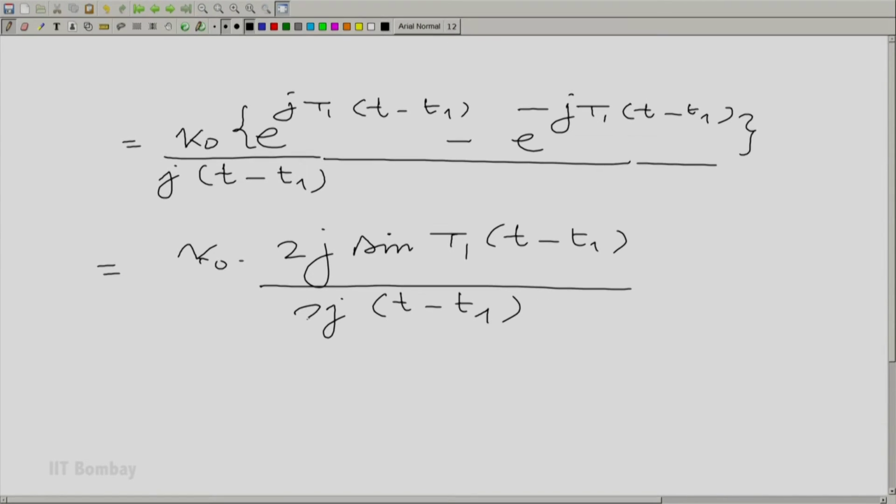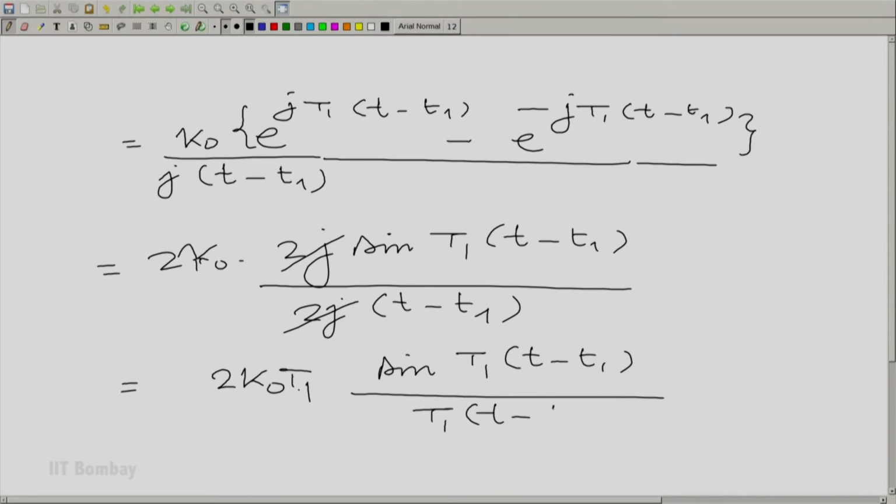And of course, I can divide and multiply by 2. And then the 2j goes away. That leaves me with 2 kappa 0, and you can also divide and multiply by capital T1 if you like. So, you have sine T1 (t minus t1) divided by T1 (t minus t1).